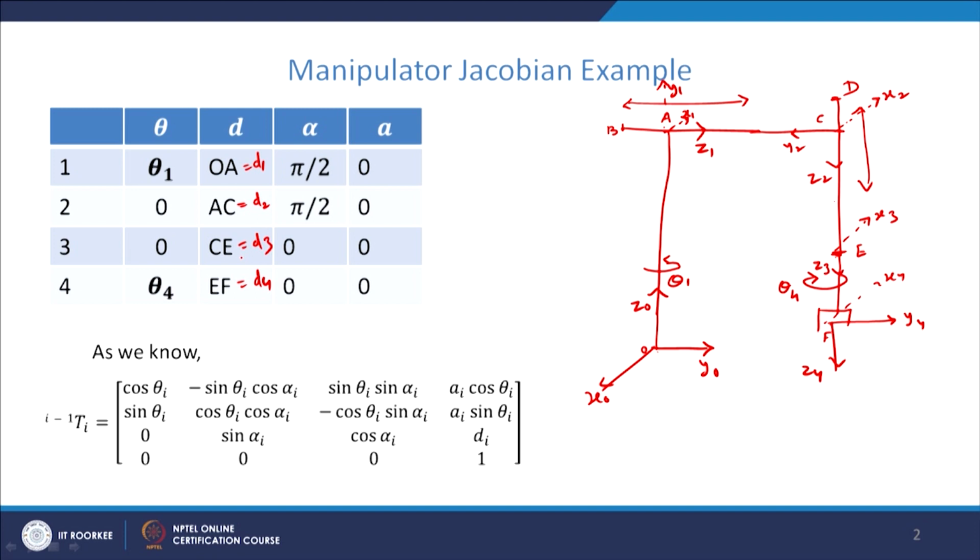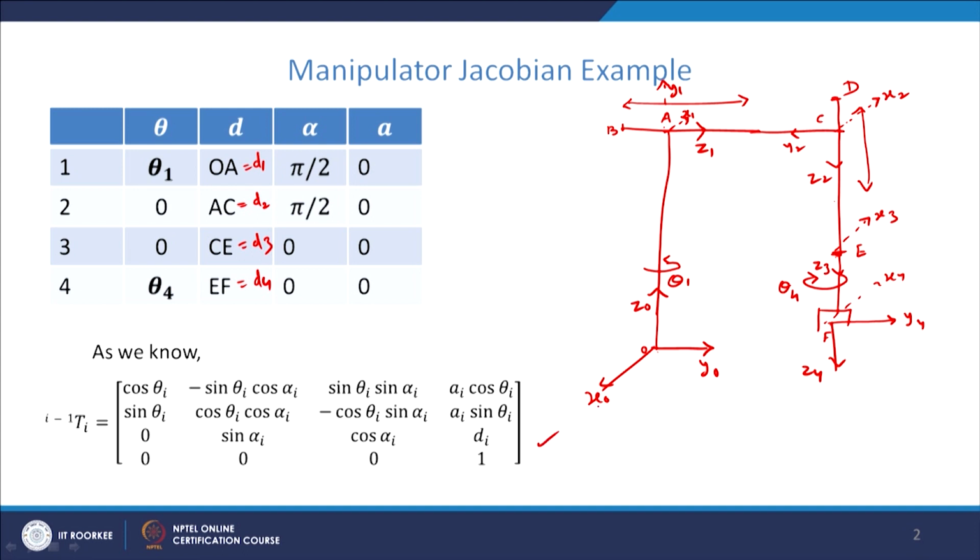Once the parameters are fixed using the DH algorithm, then we can write the link coordinate frames, that is the ith coordinate frame with respect to the (i minus 1)th coordinate frame.